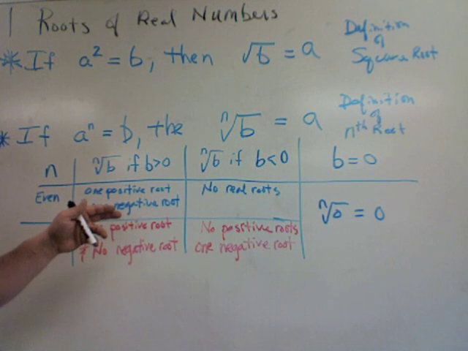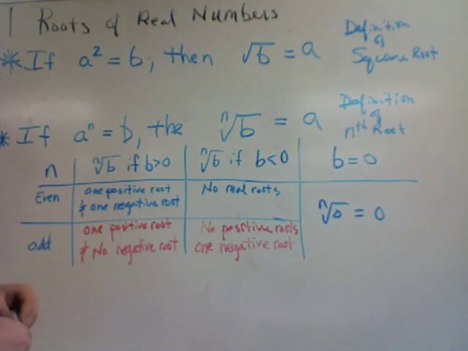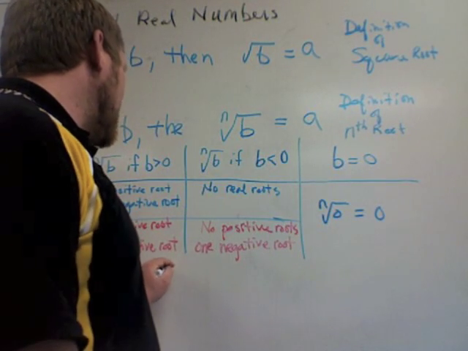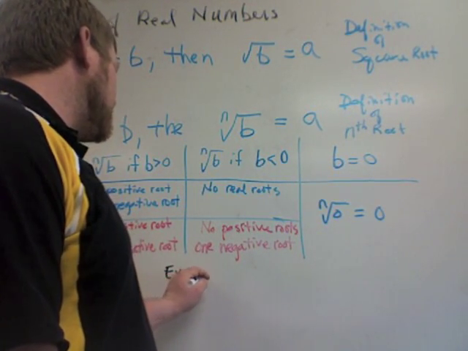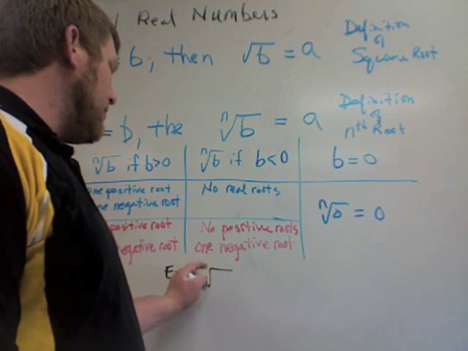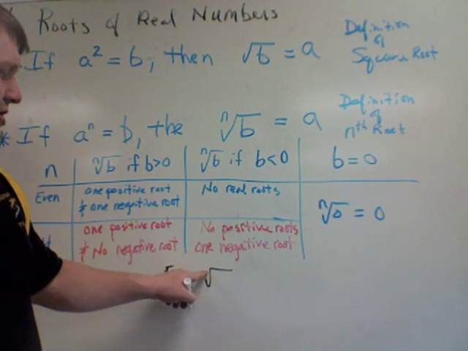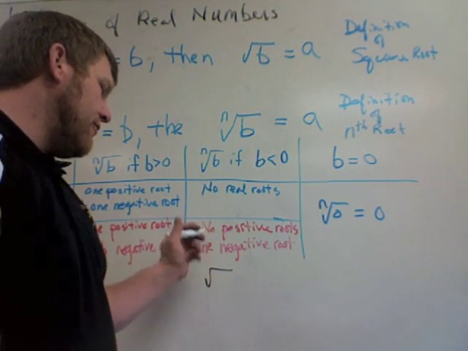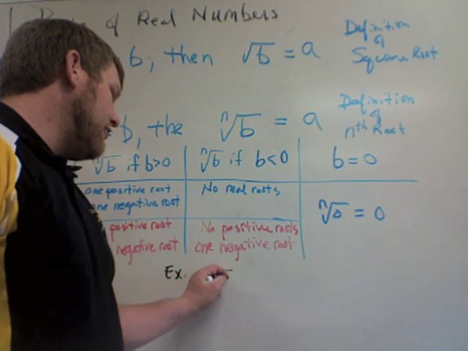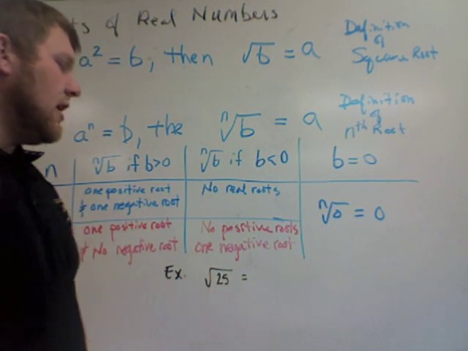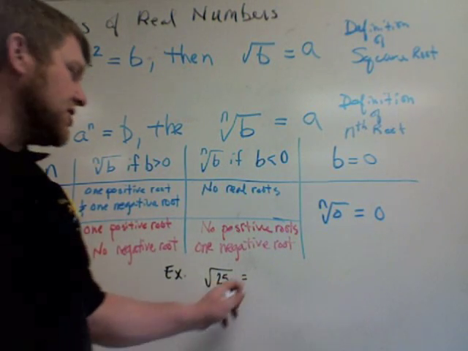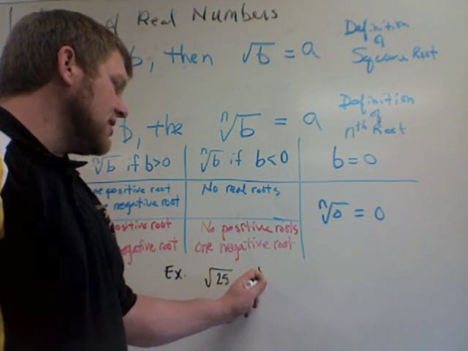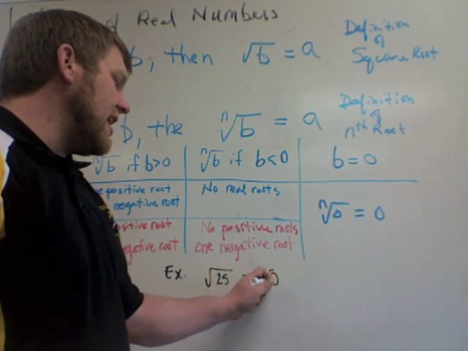For example, let's say you had just the simple square root, that's an even power. There's a 2 right here, it's just we don't show it. The square root of 25. Normally, what we should be showing here is actually a plus and a minus 5.